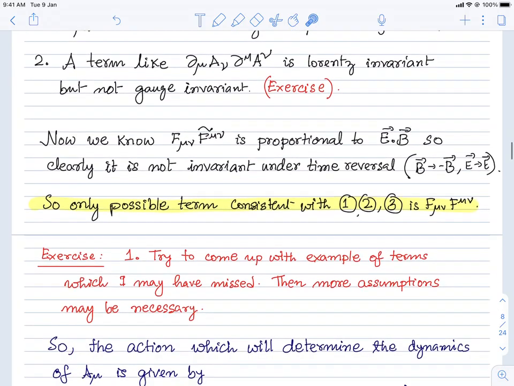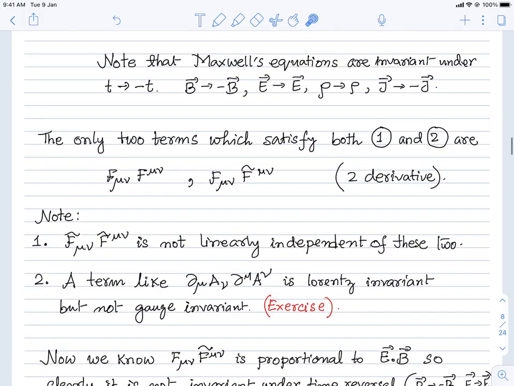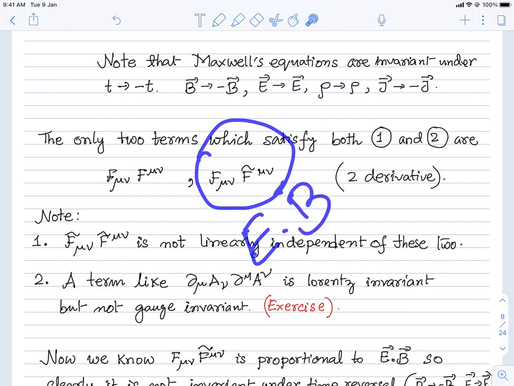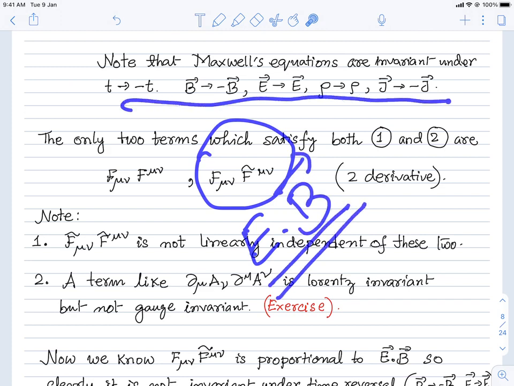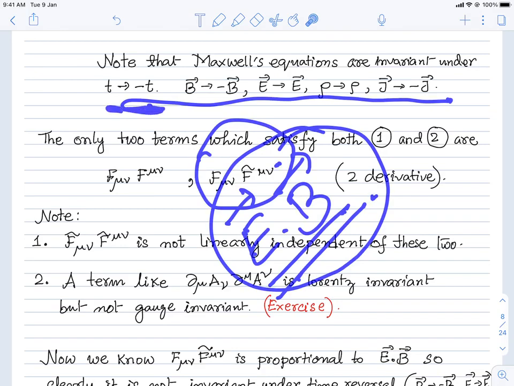But you see, the problem is this term, as I said, is E dot B, right? This term is E dot B, and therefore if you do a time reversal symmetry, then this term is not invariant under time reversal symmetry, because B goes to minus B, so this term will go to minus itself under time reversal. So this is not invariant.